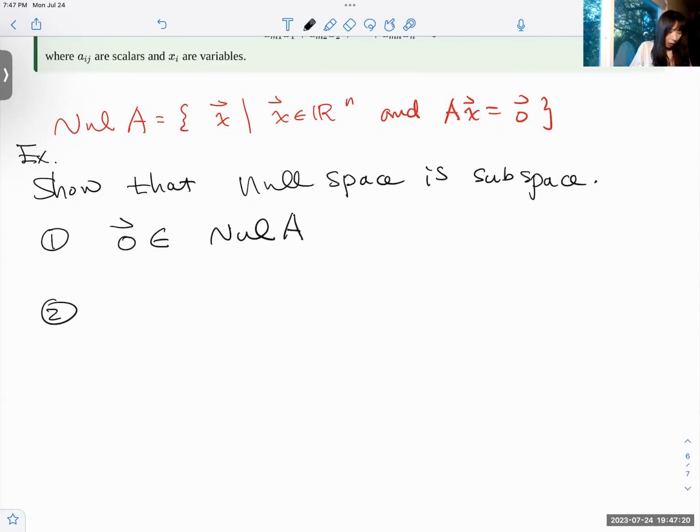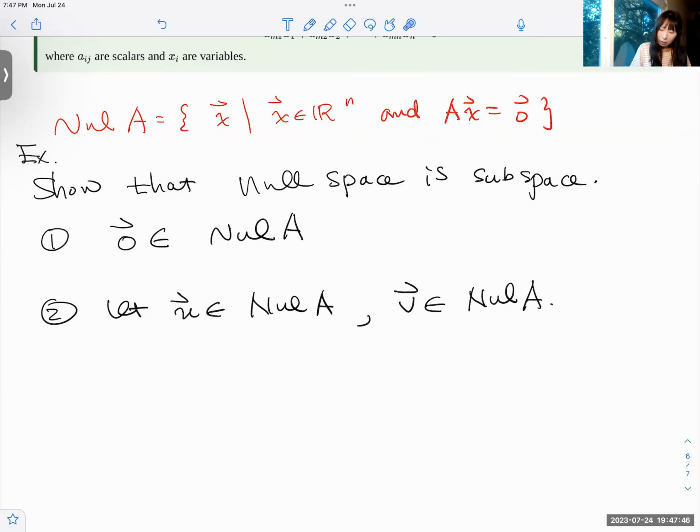Number 2, let's say that U is in the null space of A, and vector V is also in the null space of A, right?